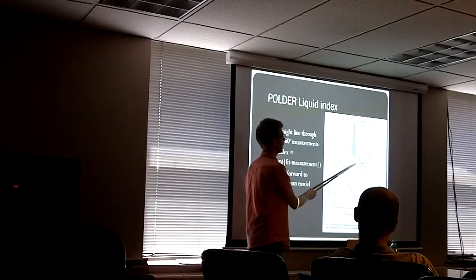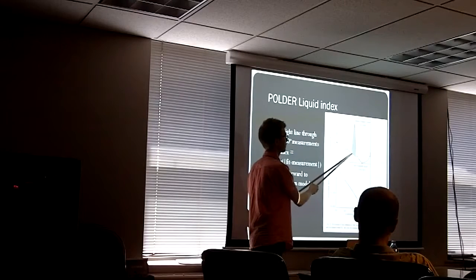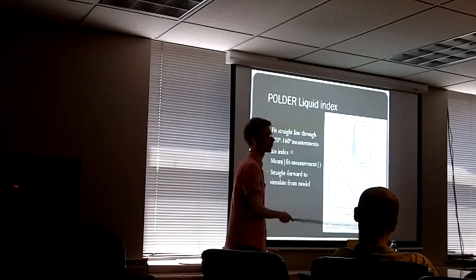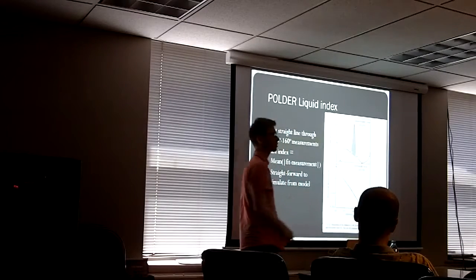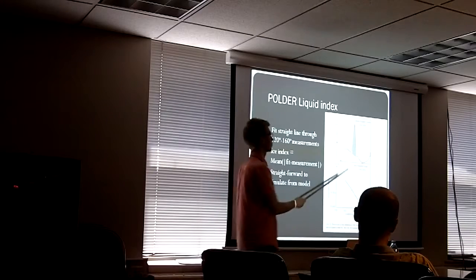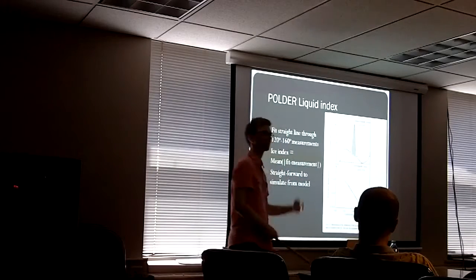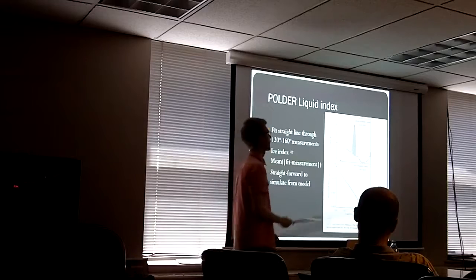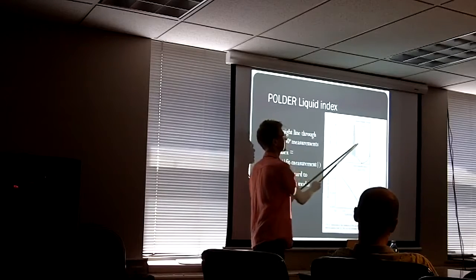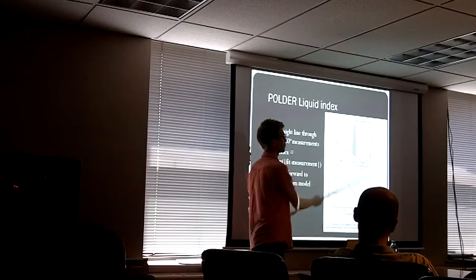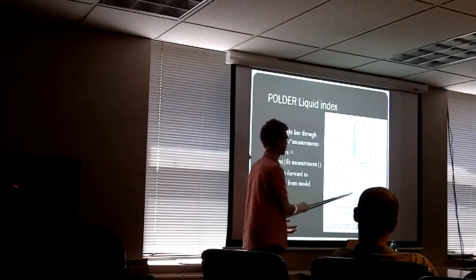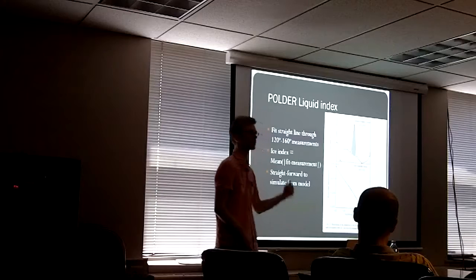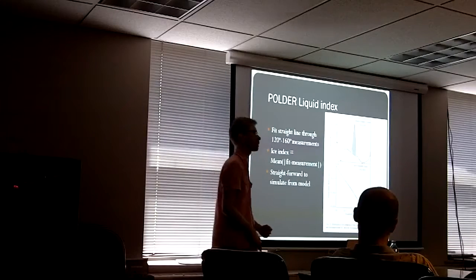And I calculate basically this area, the difference between the fit and the measurements. If there's a rainbow feature, the difference is very big, and I get a high liquid index. So this is a liquid top cloud, with a liquid index of 2.2. And if I have an ice cloud, then I basically don't see a difference between a straight line and my measurements. So I get a very low liquid index.